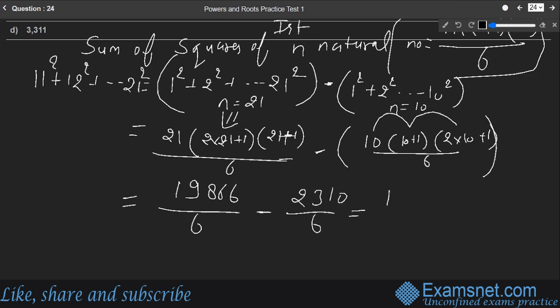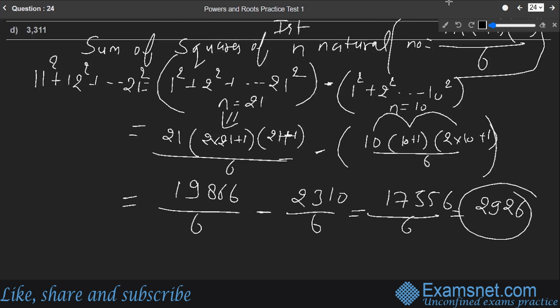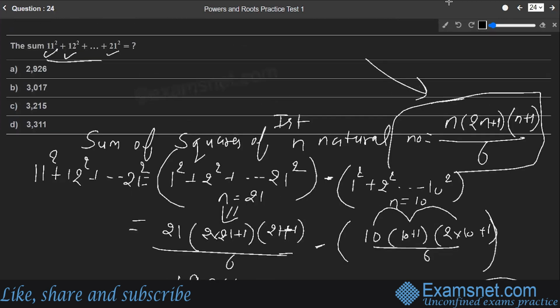If you solve this further, this becomes 17,556 divided by 6, which is nothing but 2926. So that is the final answer. Answer is 2926, and let us see where it is available. It is available in option number C.